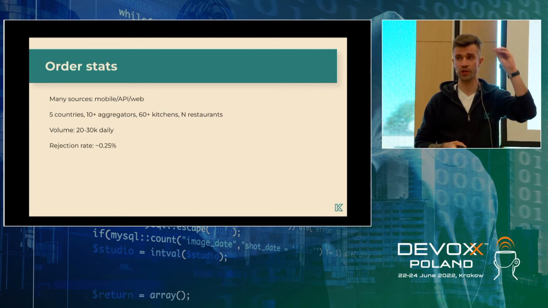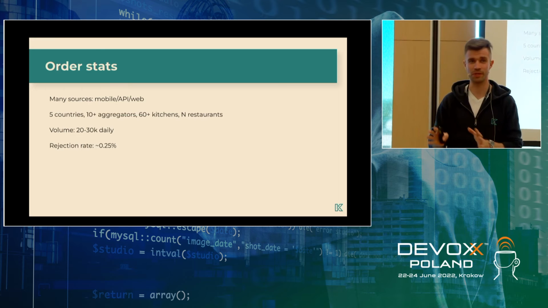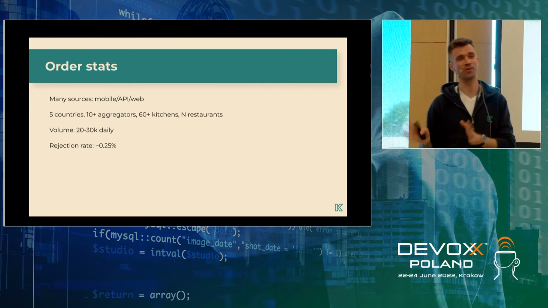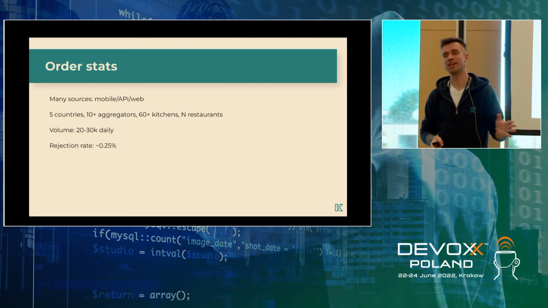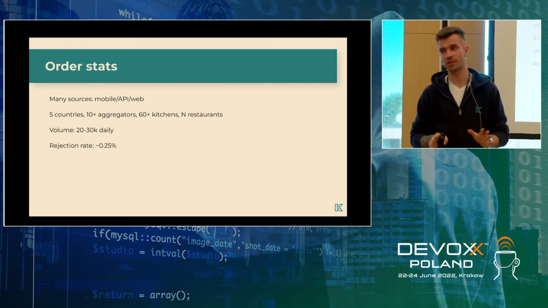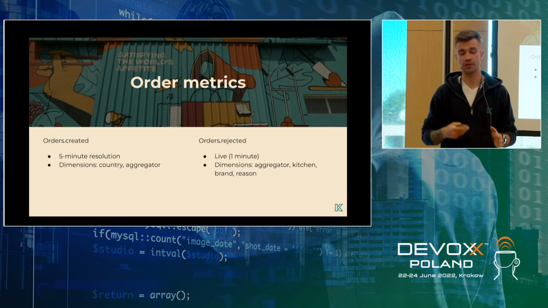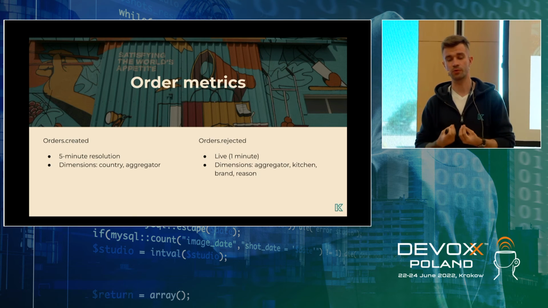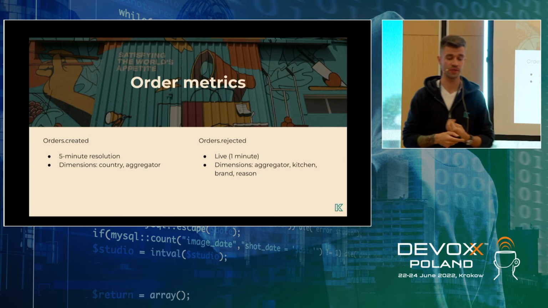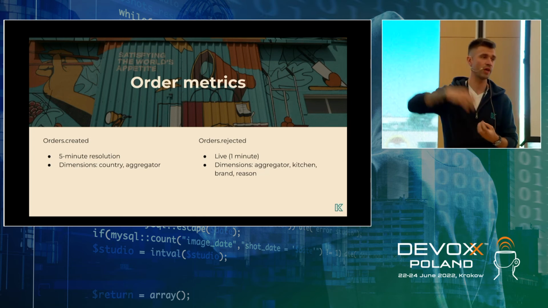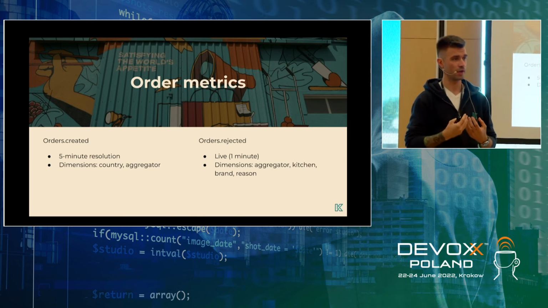So you have a huge amount of orders. Oh, sorry, big data, guys, but this is a big number for us. Anyway, 20, 30,000 is a substantial number, okay? And rejections is a smaller number, okay? And if we think about the metrics that we can produce from that, we will have the created orders, which is a bigger volume, but we don't need such a huge resolution.